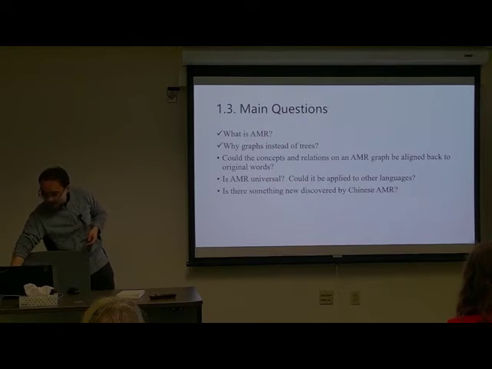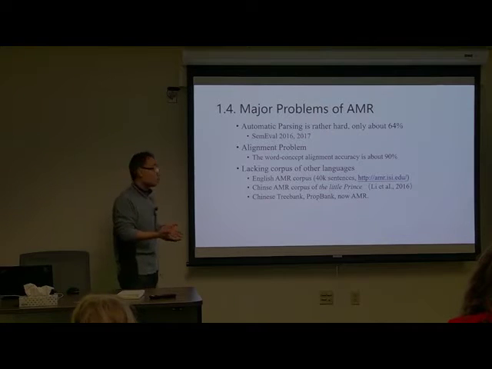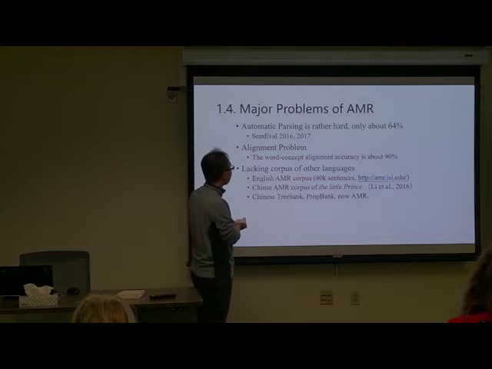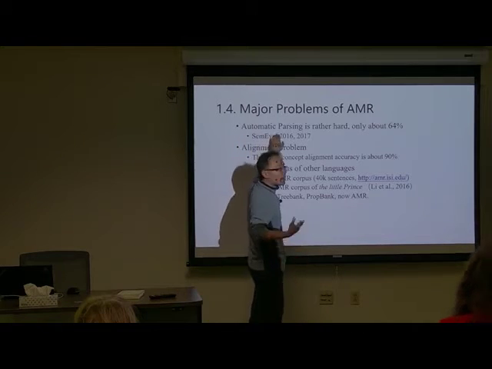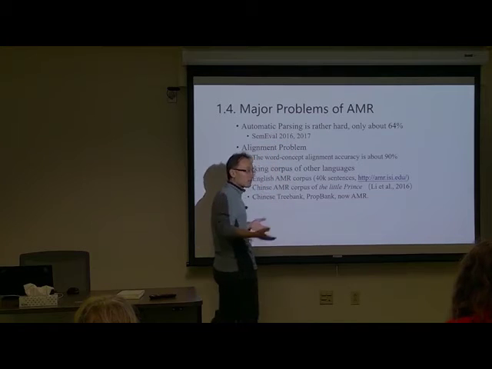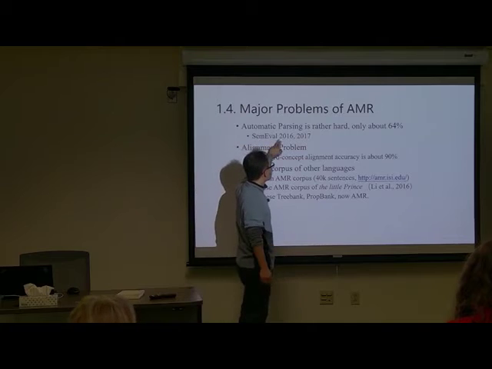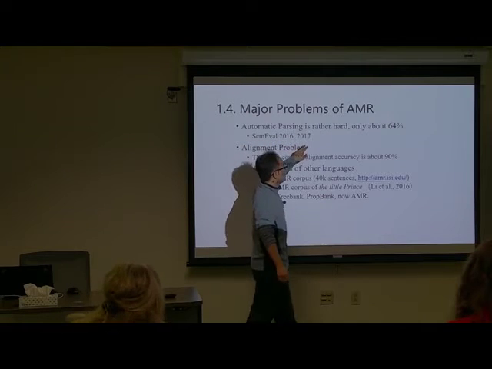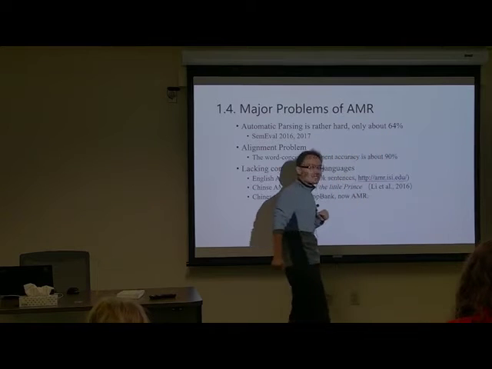So the other questions we will continue with: AMR has some problems. It's really hard to automatically parse AMR graphs. In the bake-offs of the past two years, the best result was only 64%.